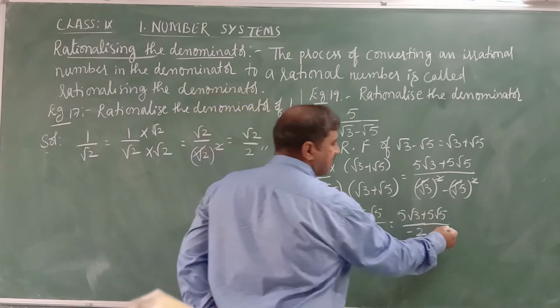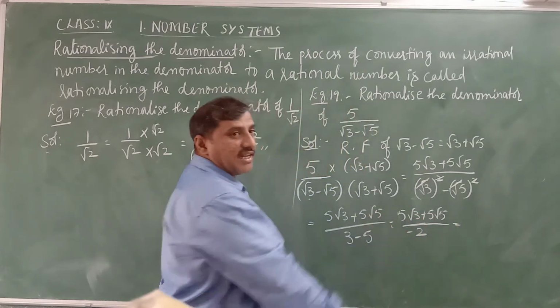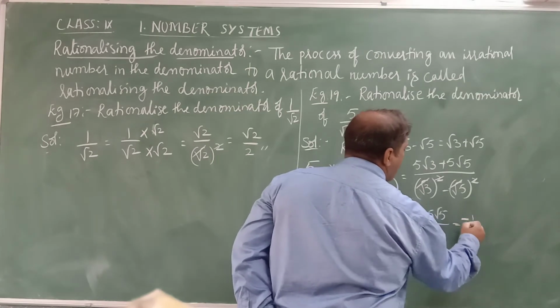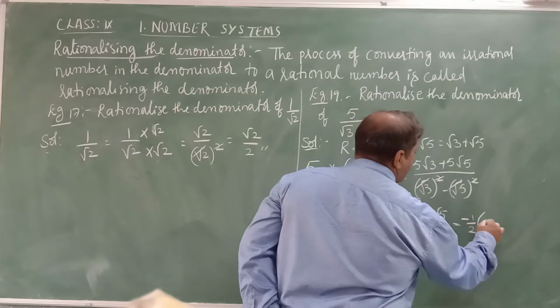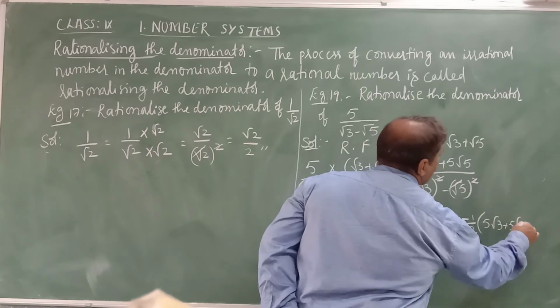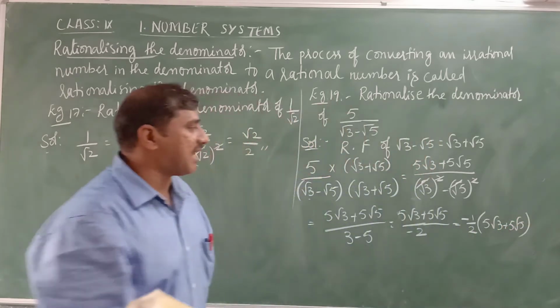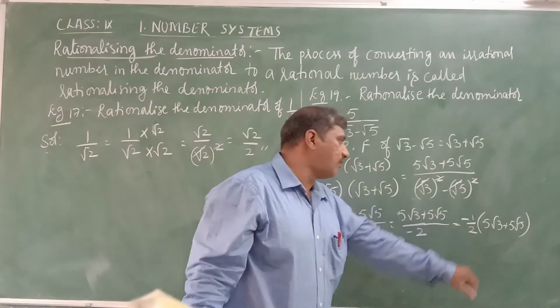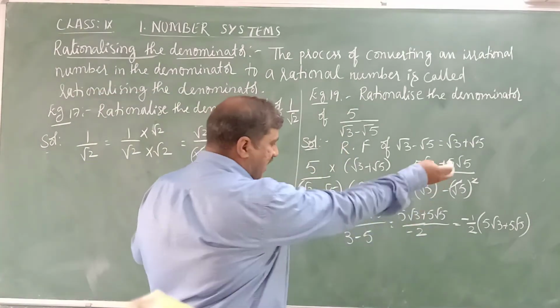Now bringing this minus sign above, we can write minus 1 by 2 into 5 root 3 plus 5 root 5. See here, the denominator we got is 2, so even then we can simplify that.